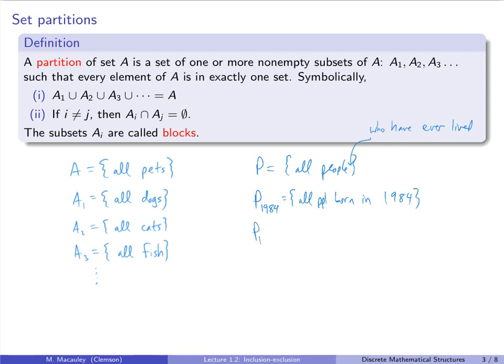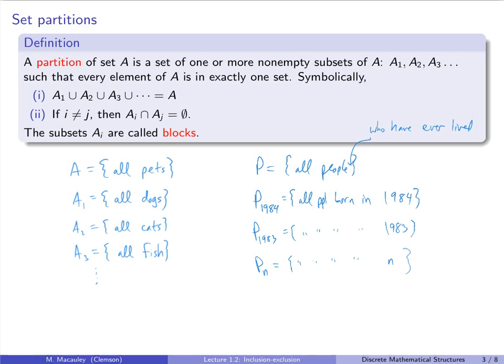So P 1983 is similar. And let's just define Pn to be the set of all people born in the year n. And here I'm allowing n to be positive or negative.